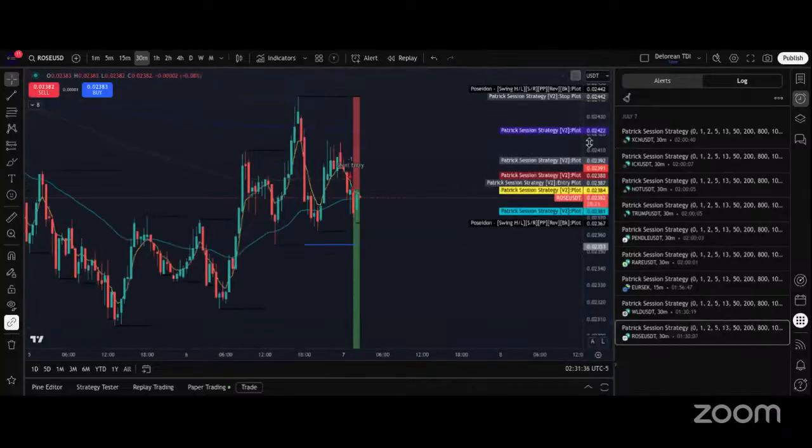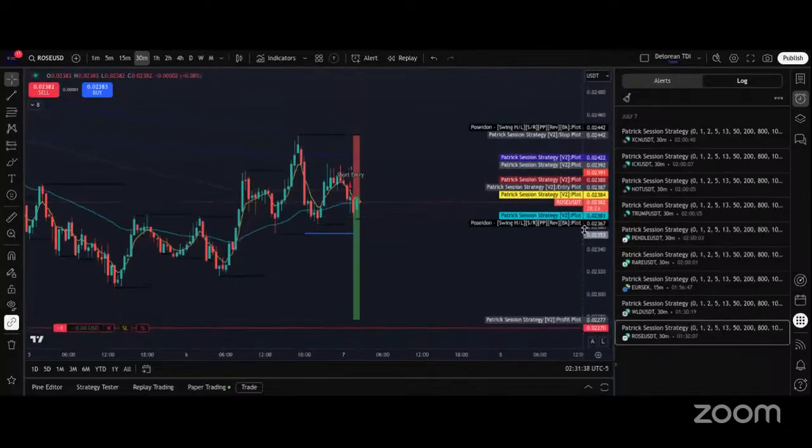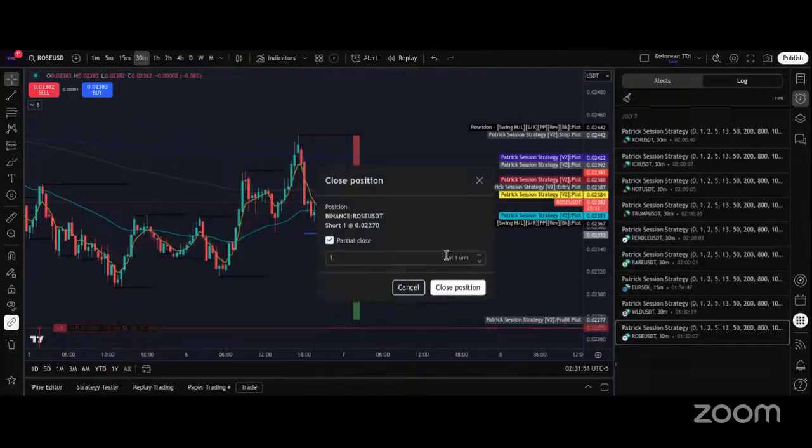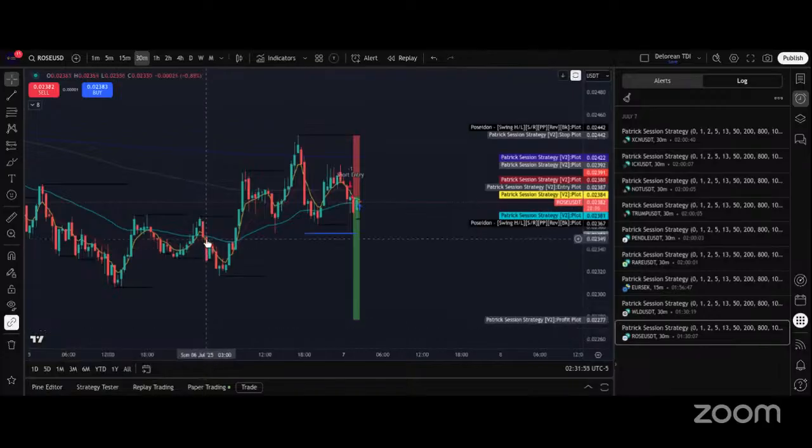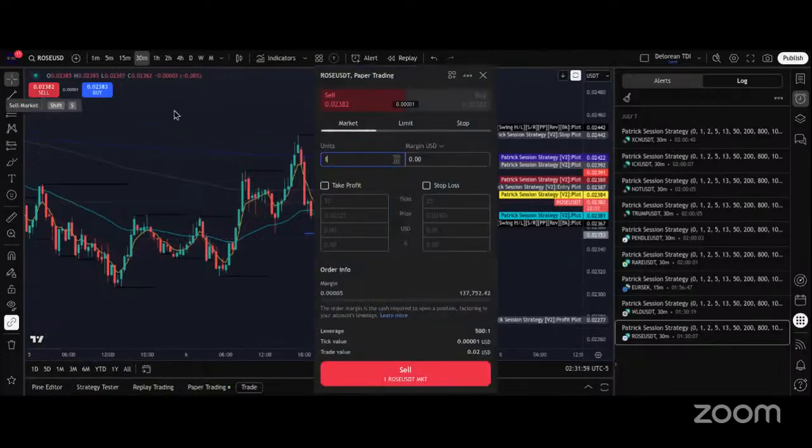Moving on, we've got ROSE versus Tether. And this is going to be a sell-off to 0.02277.